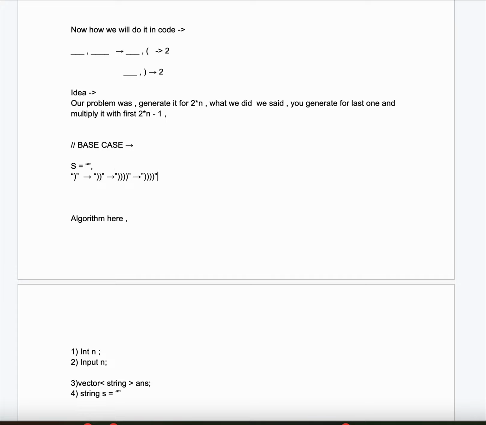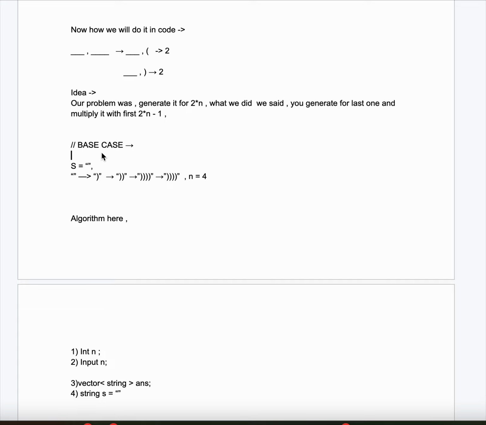Here the size of the string is increasing, and this will help us deduce our answer. The size was empty, 1, 2, 3, 4.